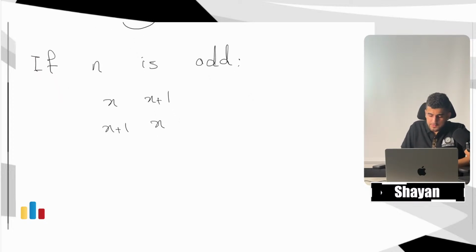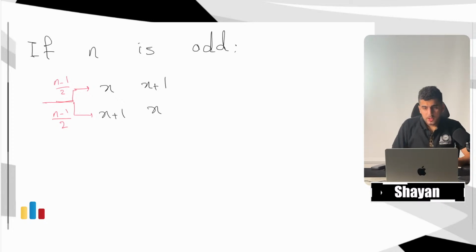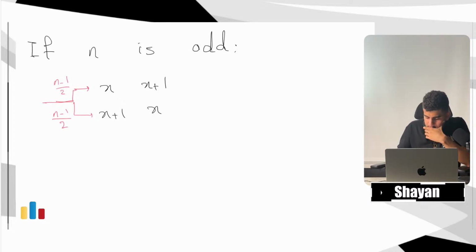There are exactly n minus 1 of these pairs, so we want n minus 1 over 2 of them to be like this, and n minus 1 over 2 to be like this. How can we create that? Well, you can simply create it like this.